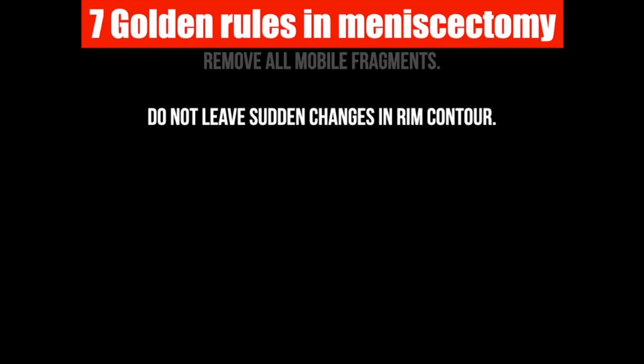There are 7 golden rules proposed by Metcalf way back in the 1960s, and these all hold true in today's date. He mentions that we should remove all mobile fragments. We should not leave a sudden change in rim contour, because the moment the patient starts weight bearing and twisting motions, the chance of meniscus injury is more.